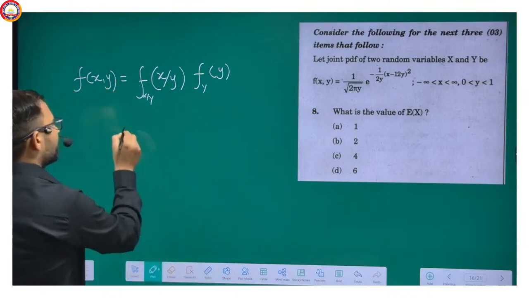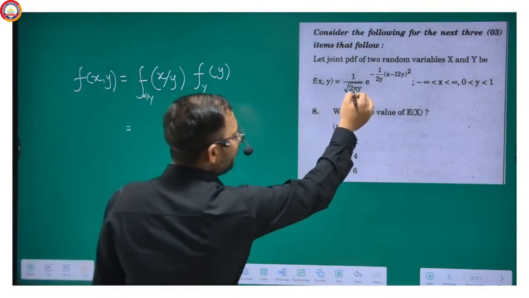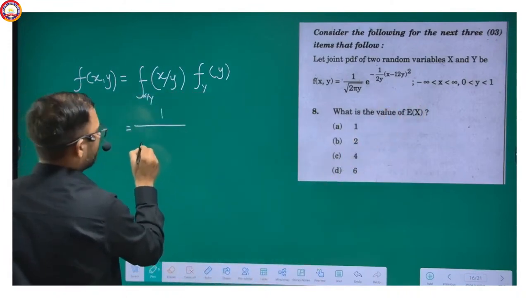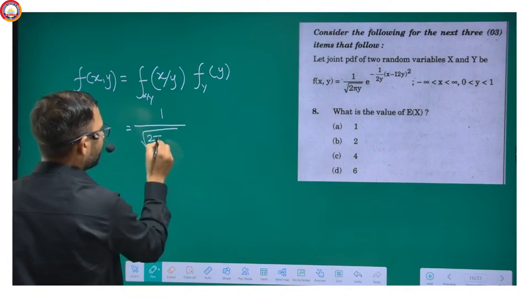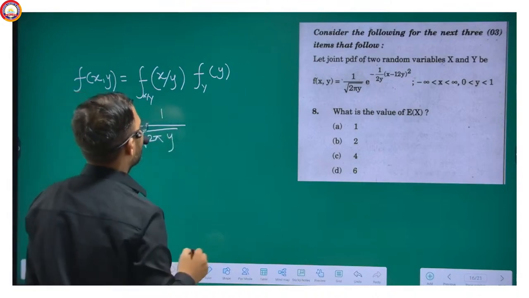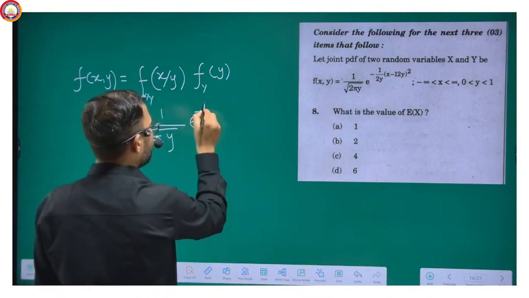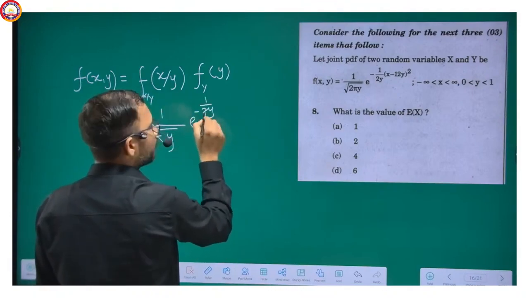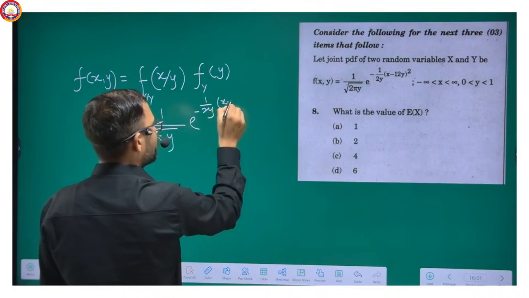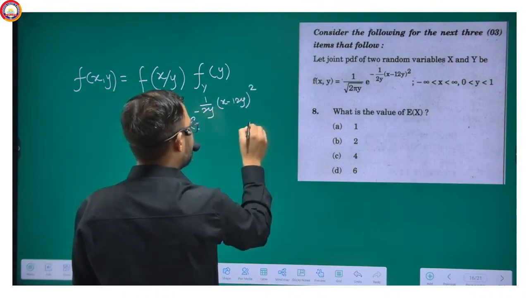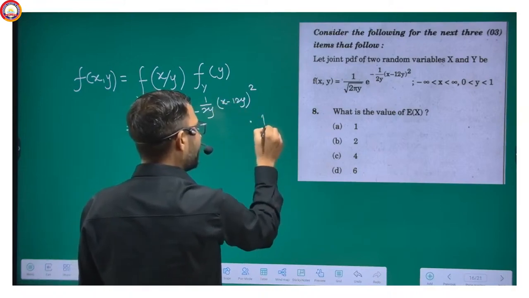The thing given here is 1 by root 2 pi y, e to the power minus 1 by 2y, x minus 12y whole square, and f y is given as 1.